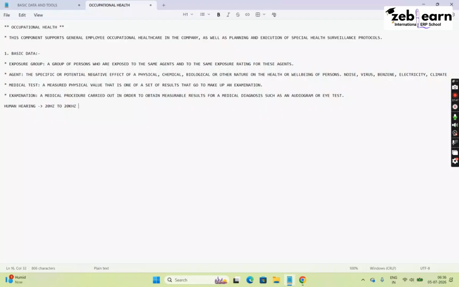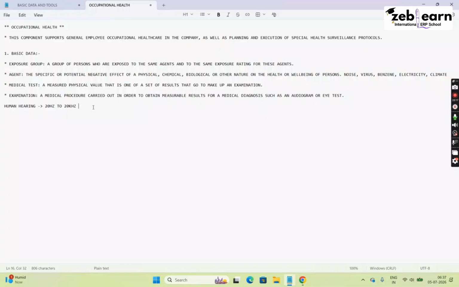We cannot hear below 20 hertz. Only some animals like dogs can hear below 20 hertz. And we cannot hear more than 20 kilohertz either. If there is a sound with a frequency more than 20 kilohertz, we cannot hear it, because the frequency is at such a high level.